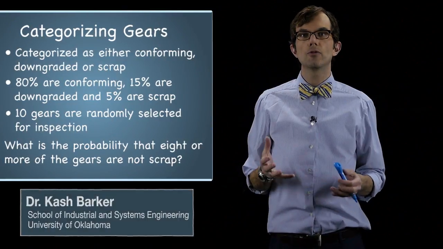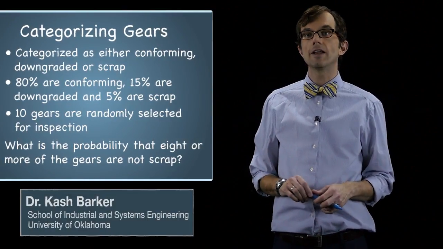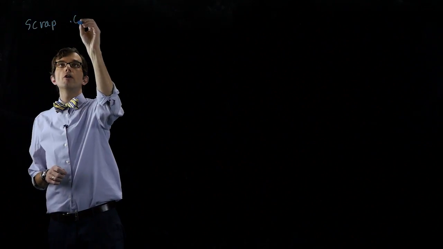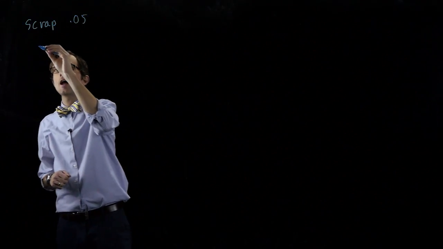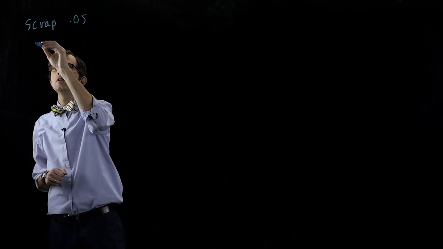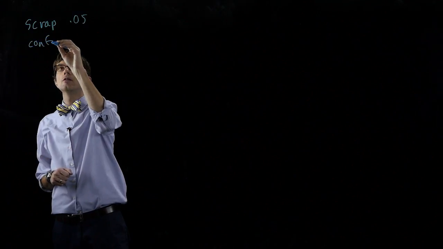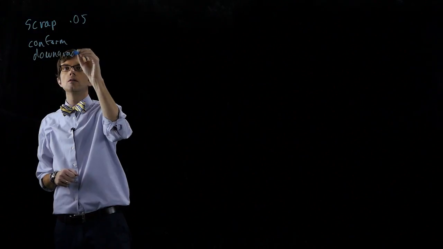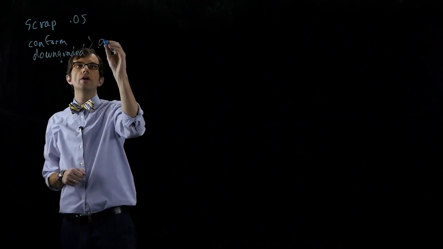Now let's take a look at the probability that 8 or more are not scrap. Okay, so we said the probability of scrap was 0.05. So the probability of not scrap, that is conforming or downgraded together, was 0.95.